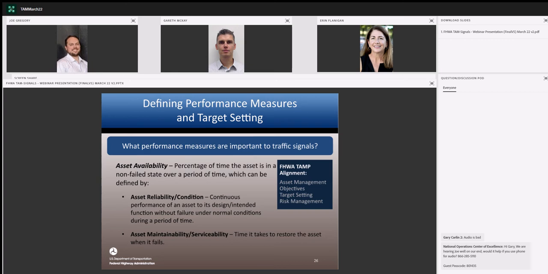And there's two pieces to that puzzle that we've sort of listed here. The first is asset reliability and condition, and that is a measure of whether the asset is able to function as intended without failure. And so it's often measured by the amount of time that it's up and running.